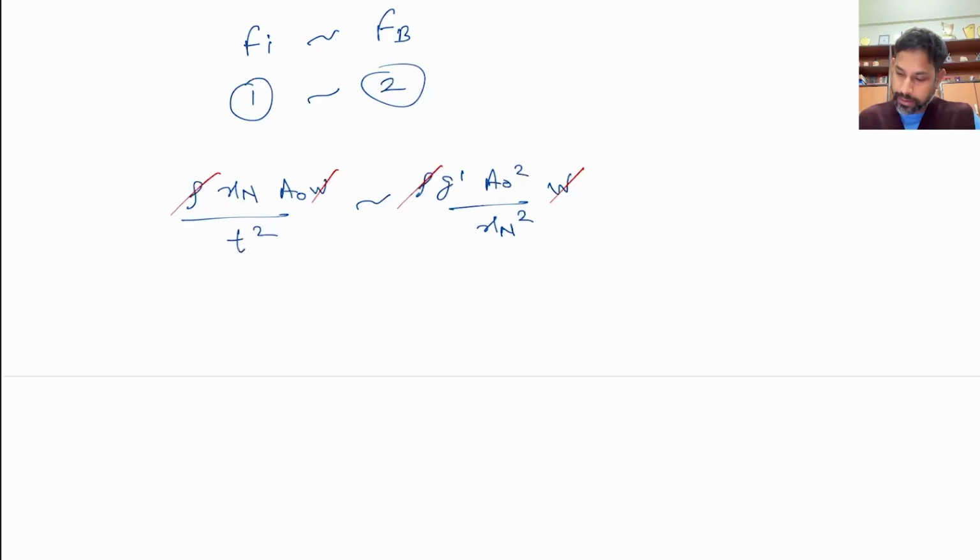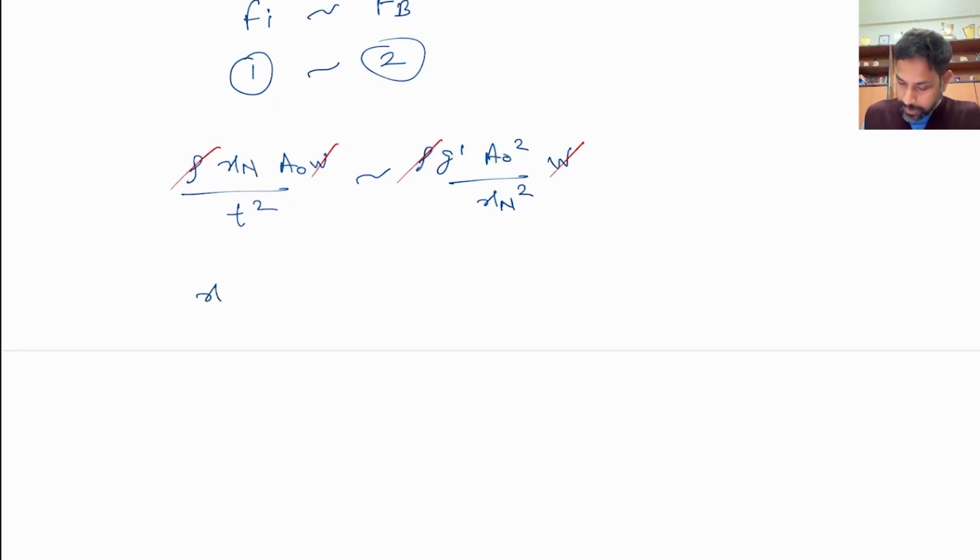Okay, and we can now pull xn to the left and put t to the right, and that will give us xn to the power 3 is equivalent to, here a naught also cancels, this a naught with the square, so that becomes g prime a naught t square, right? So that is what we get.